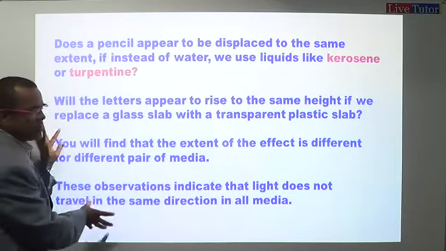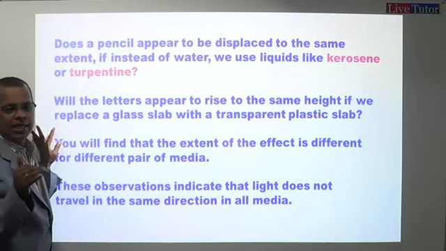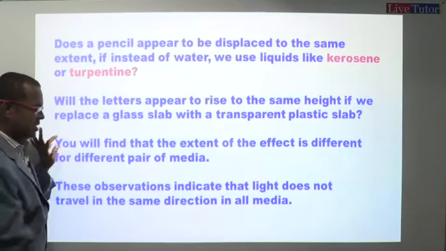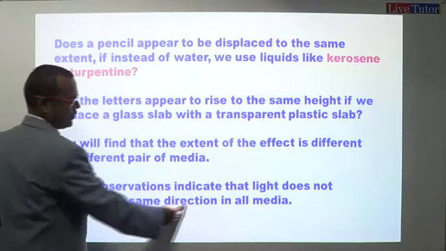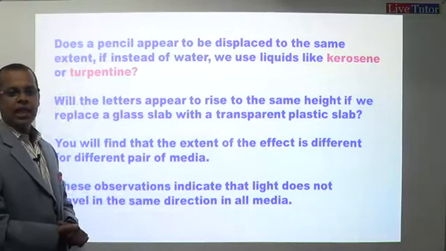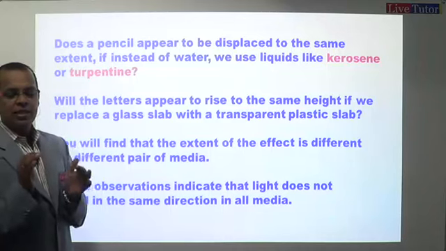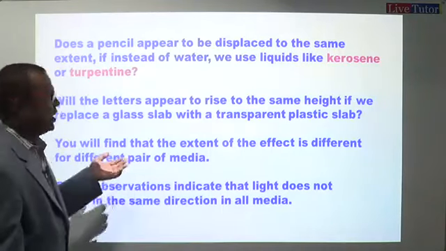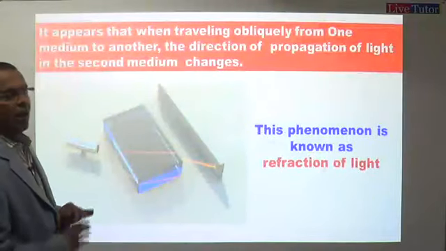From these observations we can understand that light does not travel in the same direction in all media. This is the only point we have to understand. From all these day-to-day experiences, that is the inference we made.